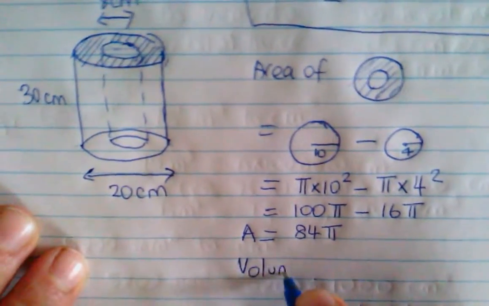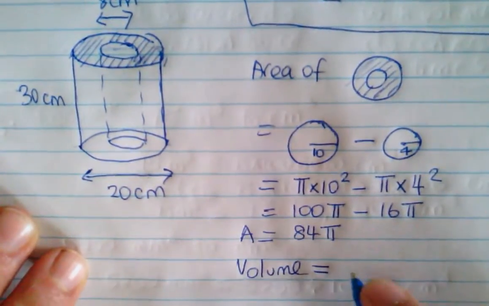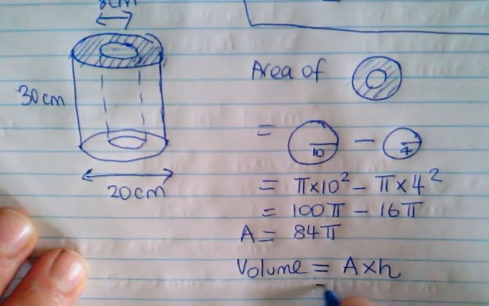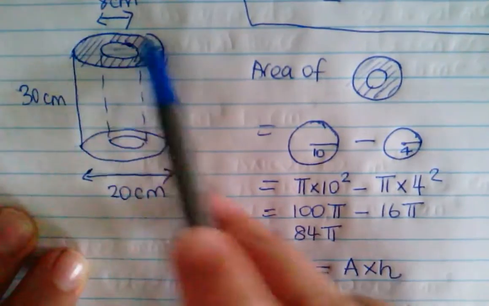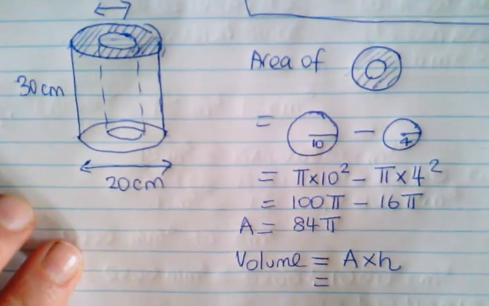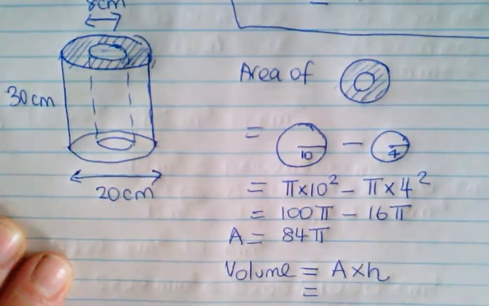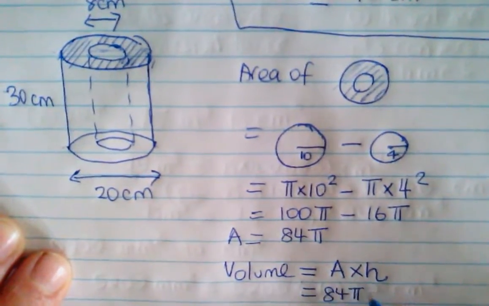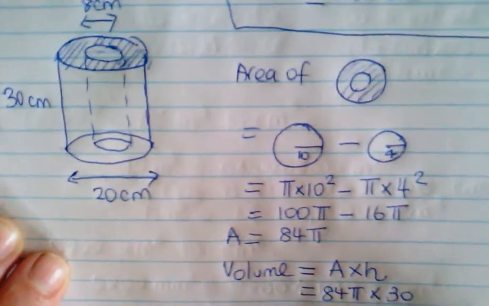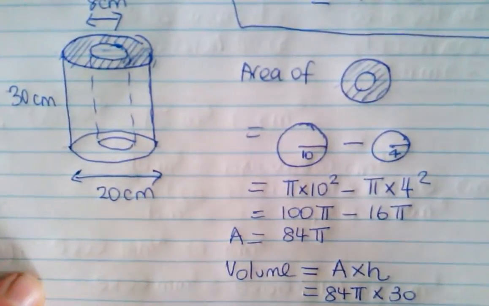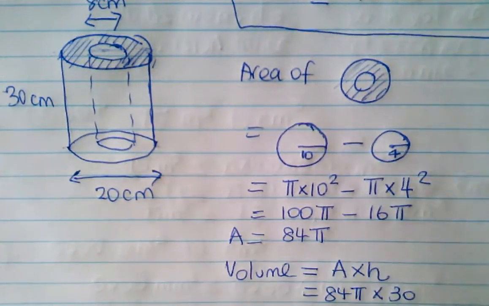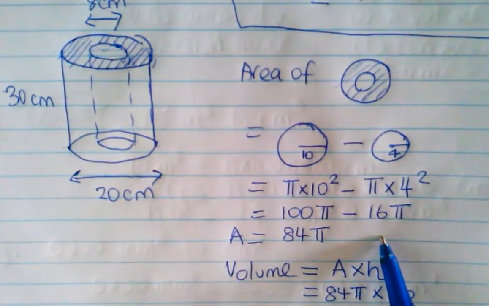The next step is the volume of this prism, which is the area of this cylinder with a hole. It's the area of this uniform cross-section times how long the cylinder is. So it's going to be 84 pi times 30, because that's the height. And now you can put that in your calculator. Look, girls, if you want, you can work this out to so many decimal places.